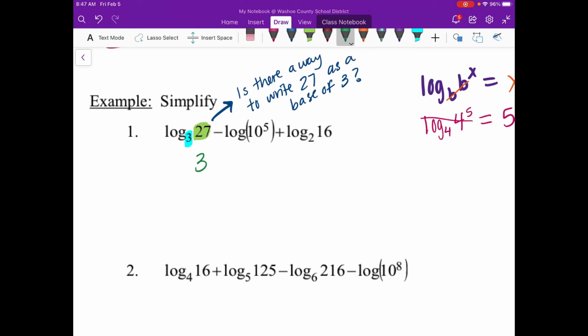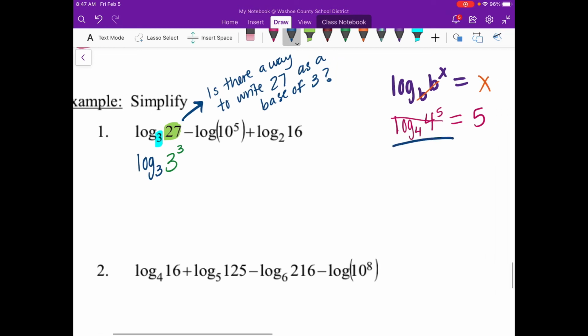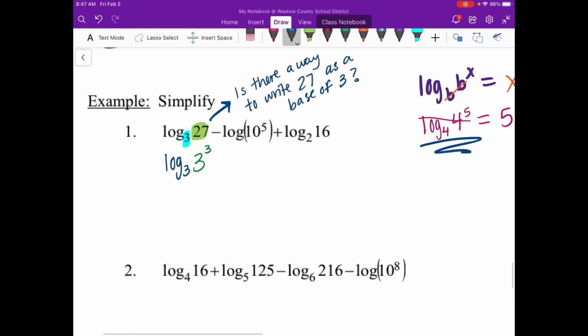So let's see, 3 times 3 is 9, times 3 is 27. So 27 would be the same as 3 to the 3rd power, yeah? So if I bring this down, log base 3 of 3 to the 3rd, now what I have done is I have created this inverse property that we practiced with last time in the 6.3 notes. And this is going to allow me to say, oh, log base 3 of the same base cancels out. So then the only thing left over here would be that 3.